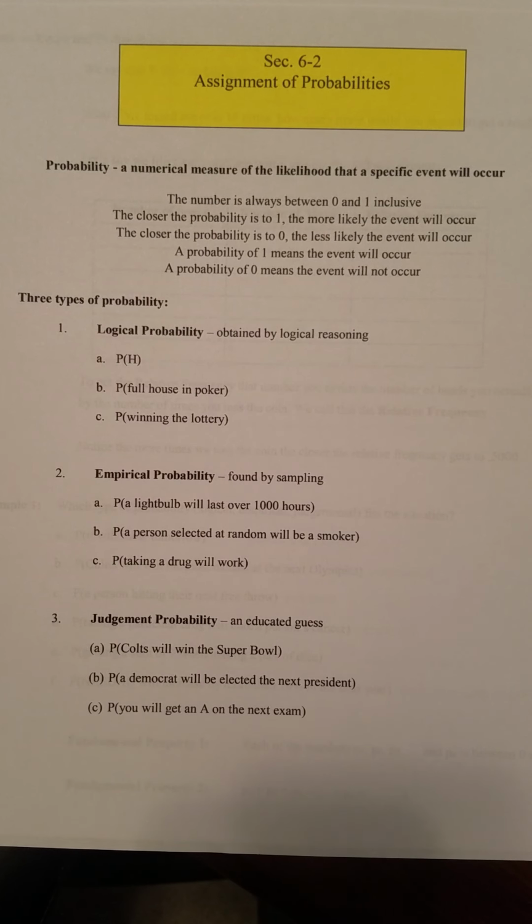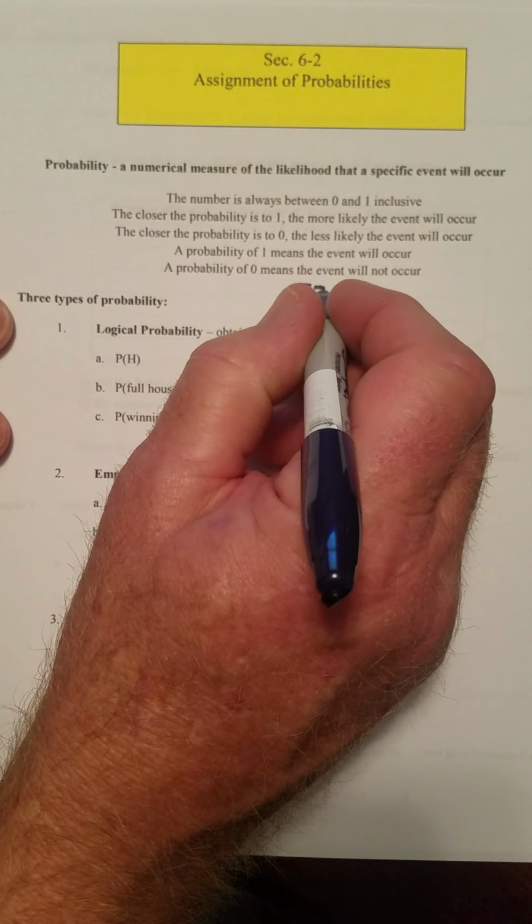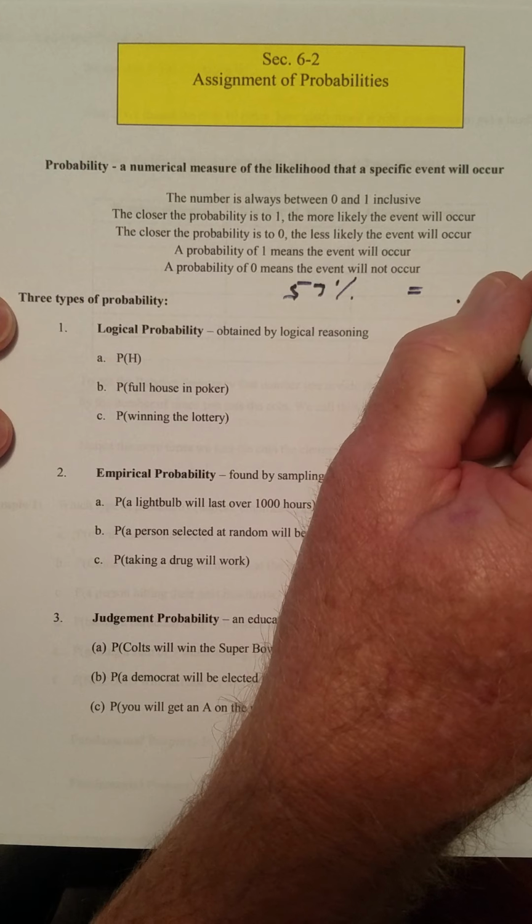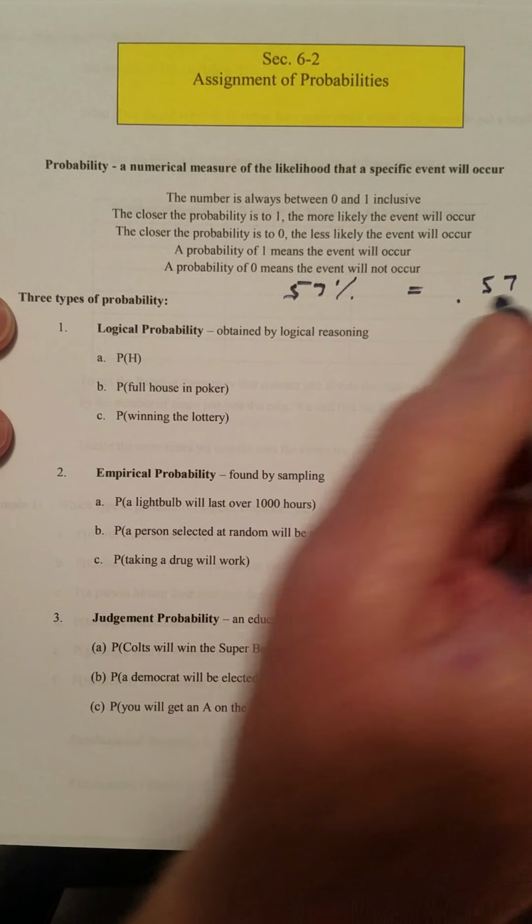Also, as we go through this, probabilities could be written as decimals or they could be written as percents. If I said something like 57%, remember that's the same thing as 0.57.